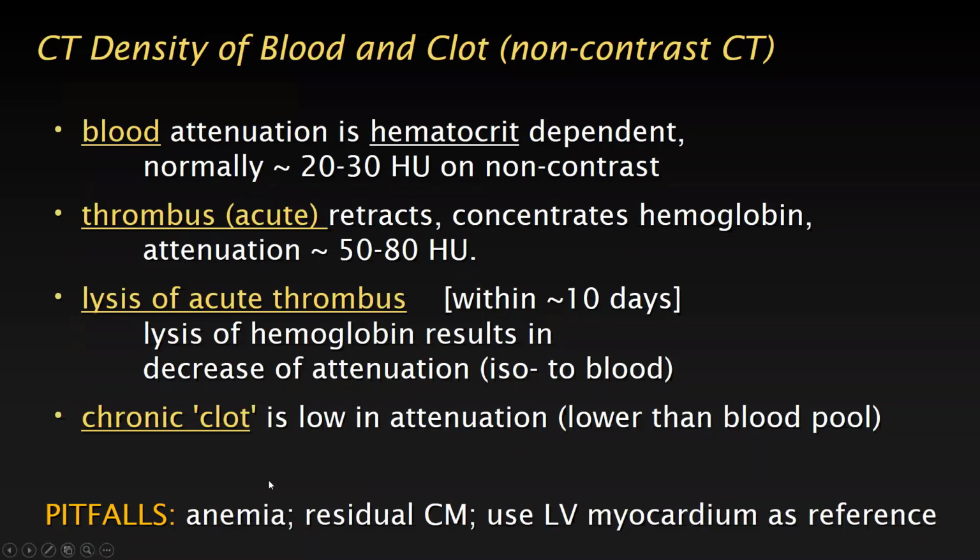So pitfalls are, for example, if a patient is very anemic, then even a standard clot can look hyperdense, because the clot is higher in attenuation than the very low attenuation of the blood pool. And if you have residual contrast on board, the reference usually used to gauge whether the blood pool is normal or not is just to look at the myocardium on the non-contrast scan.